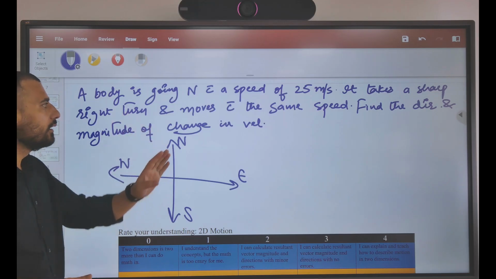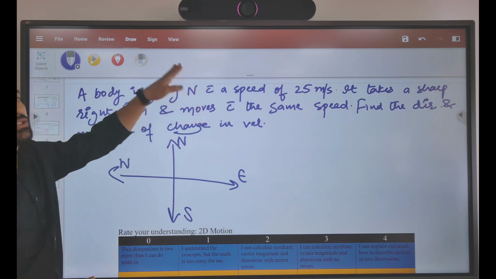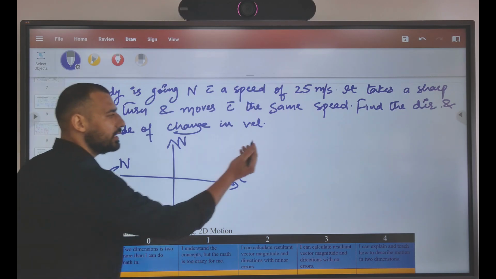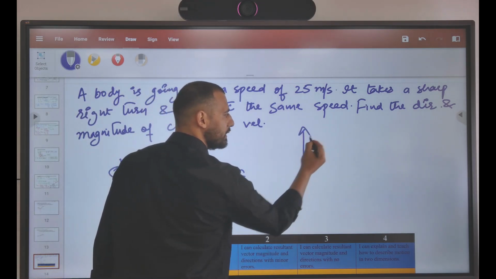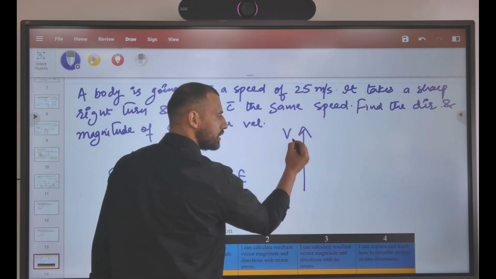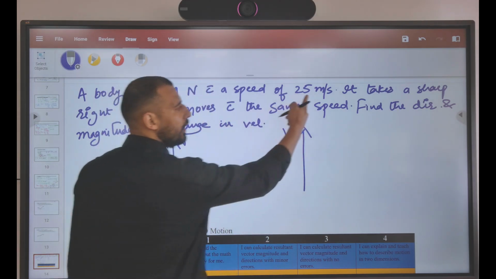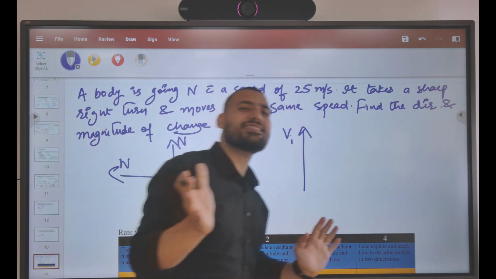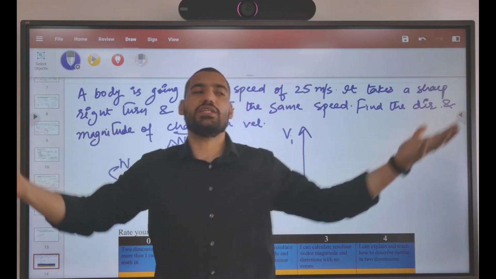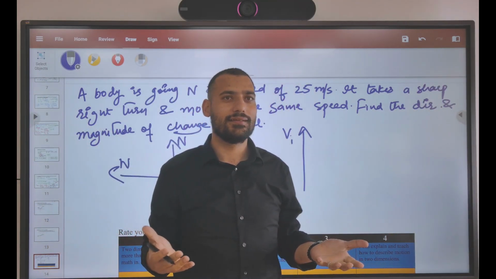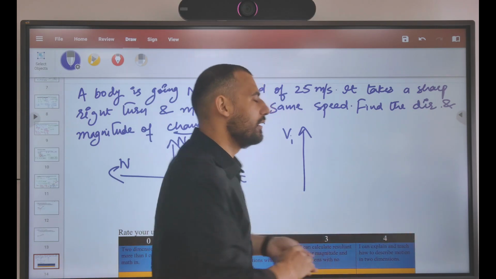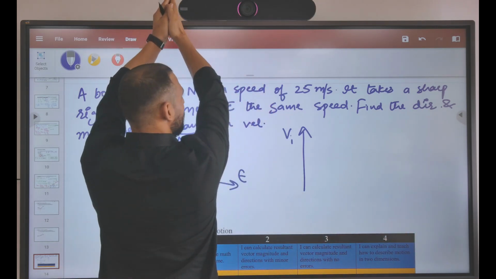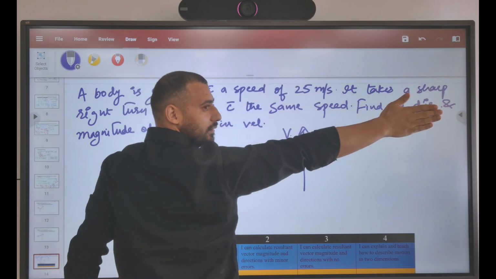Okay. See. The body is going towards north. So initially, the velocity is something like this, isn't it? This is initial. It takes a sharp right. Okay. If I ask all of you, what do you mean by sharp right? East, isn't it? If I'm going here, then sharp right is this, right?